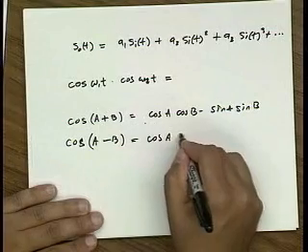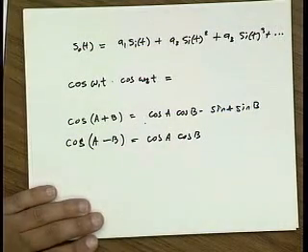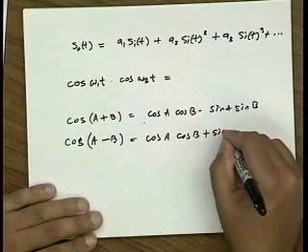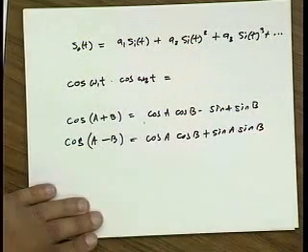That's also cosine A cosine B because cosine is an even function. But now, because sine is an odd function, I get plus sine A sine B.